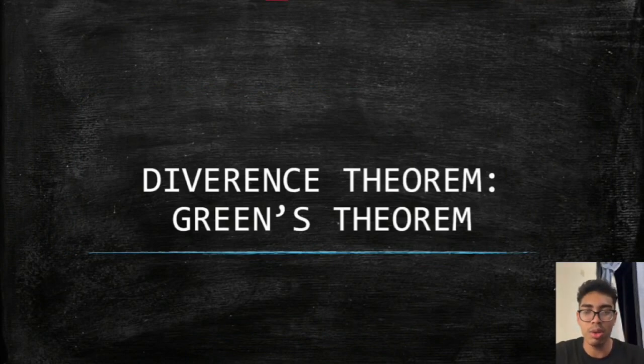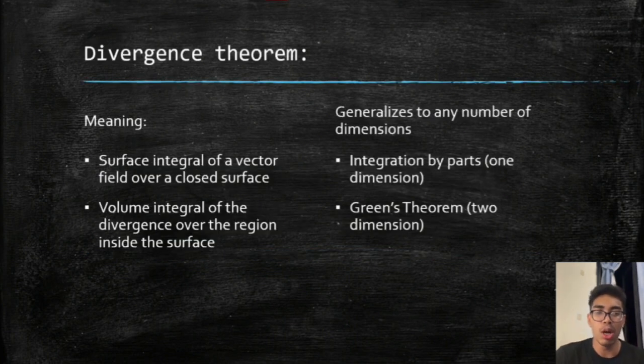Hi, I'm going to explain the theory of Green's theorem. As you may know, we use an automated vacuum that will move in a rotary direction, which is a cylindrical coordinate system, where the divergence theorem can be applied.